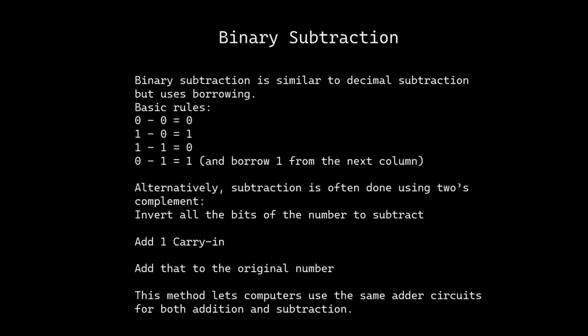This method lets computers use the same adder circuits for both addition and subtraction without the need for an alternative solution, which there are. More complicated they are, yes, but still you can do it with different circuits. But it is very easy to use the 2's complement even in real life or simulation.